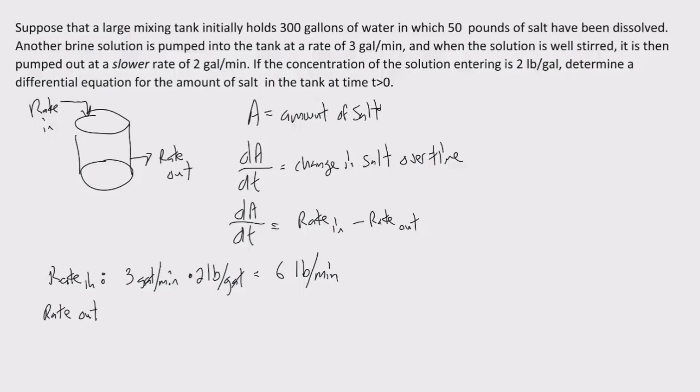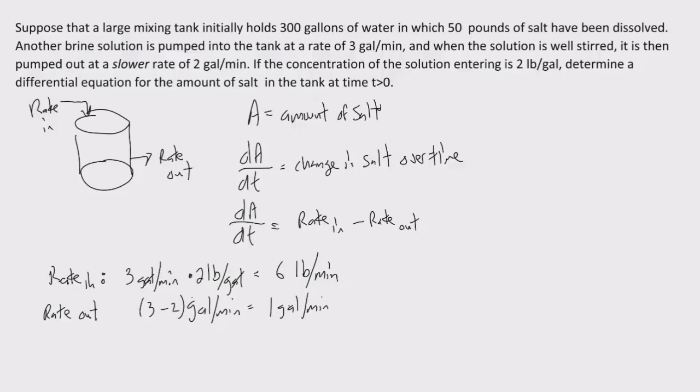So let's think real quick about when it's leaving. We're pumping in at 3 gallons per minute and pumping out at 2 gallons per minute. So at 3 minus 2, that's 1 gallon per minute that's accumulating.